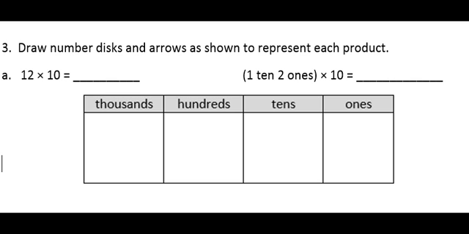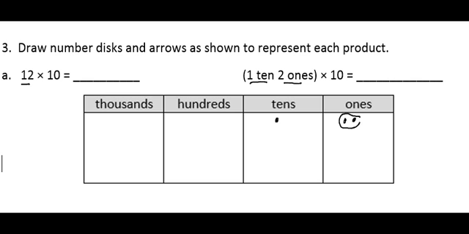Now I'm going to use the place value chart to multiply a 2-digit number times 10. I can see over here that 12 times 10 is the same as 1 ten and 2 ones times 10. So I'm going to use place value discs to start. If I have 1 ten and 2 ones, I have to multiply each of these by 10 to come up with my final answer.